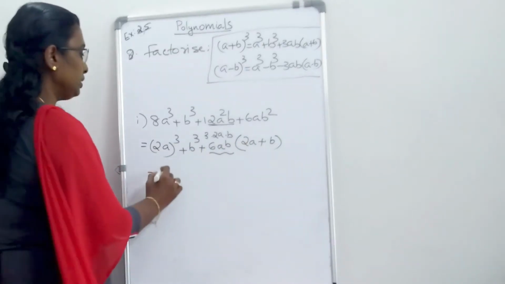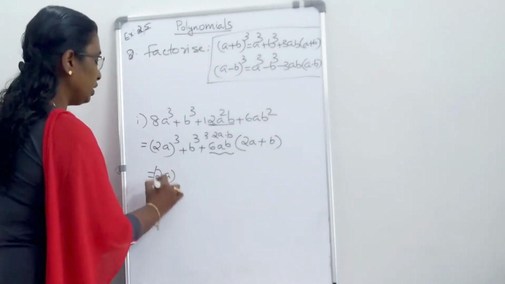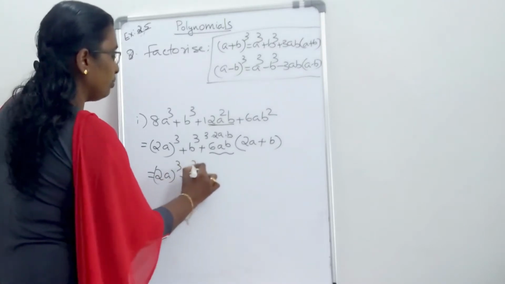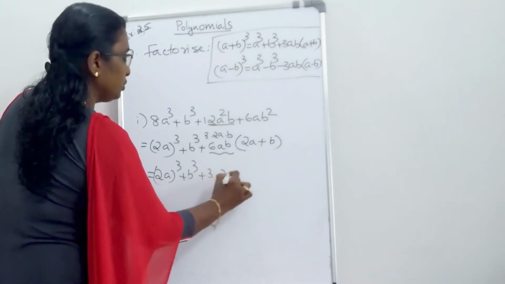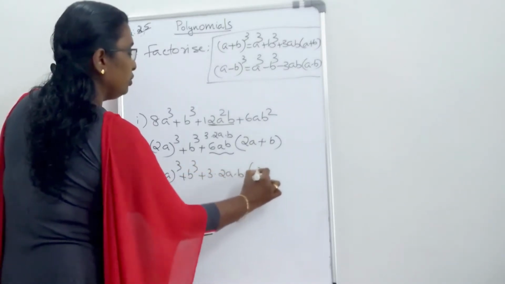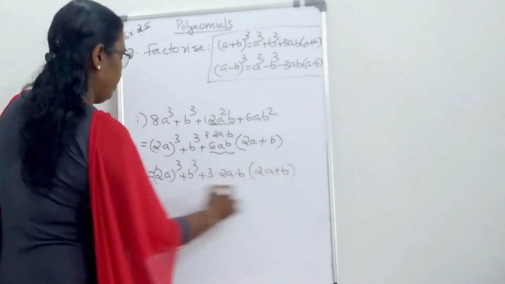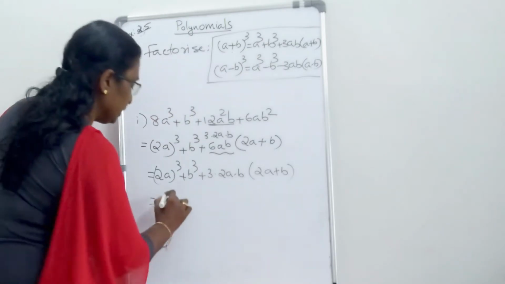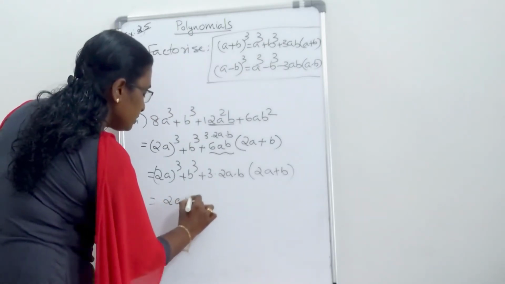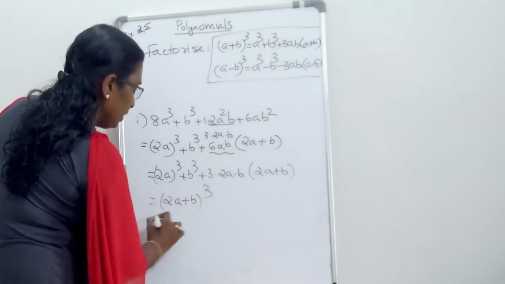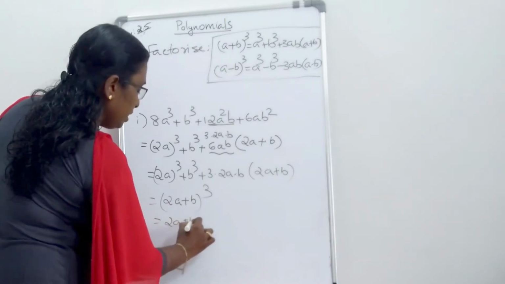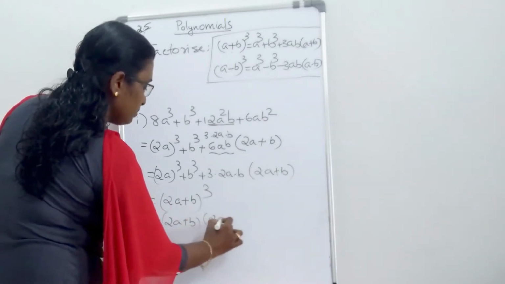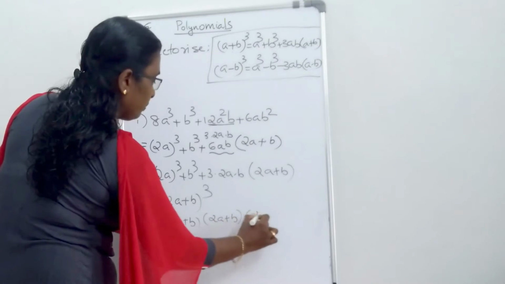So this can be written as 2a the whole cube plus b cube plus 3 into 2a into b into 2a plus b. This is of the form a plus b the whole cube, that is 2a plus b the whole cube.